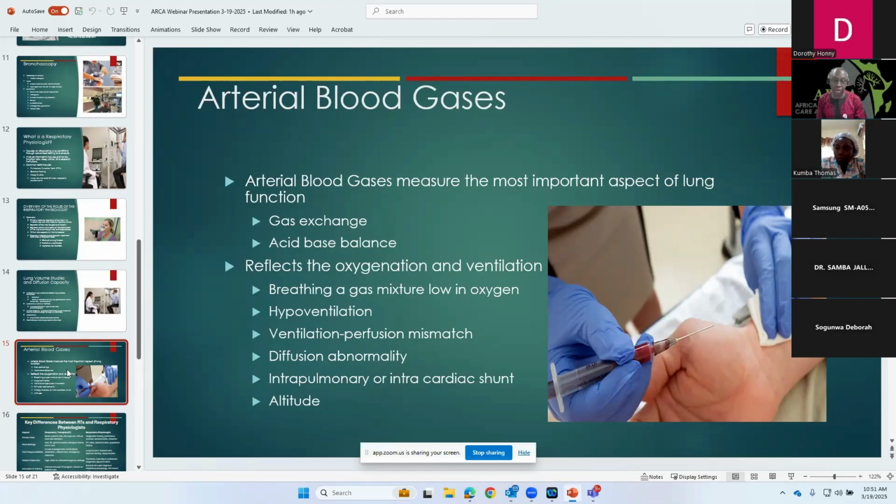And when you have that, the CO2 in your blood will be lower. So the things you measure when you draw a patient's blood: you look at the patient's oxygen level, referred to as your PaO2, the partial pressure of arterial oxygen, and your PaCO2. You look at your pH, which is the acid-base measure. You look at your bicarb, which is the metabolic side that makes sure the respiratory side is compensated, so that your acid base status is okay.